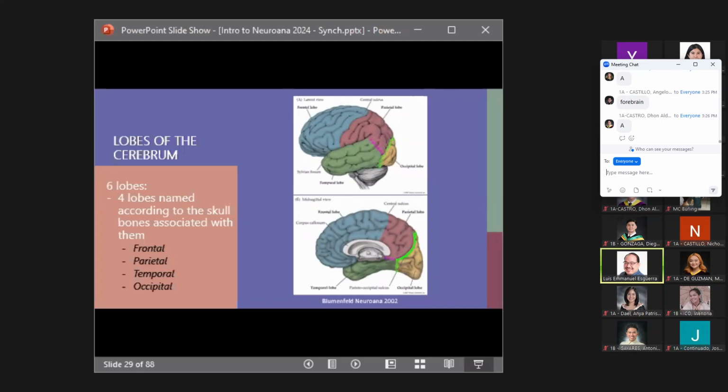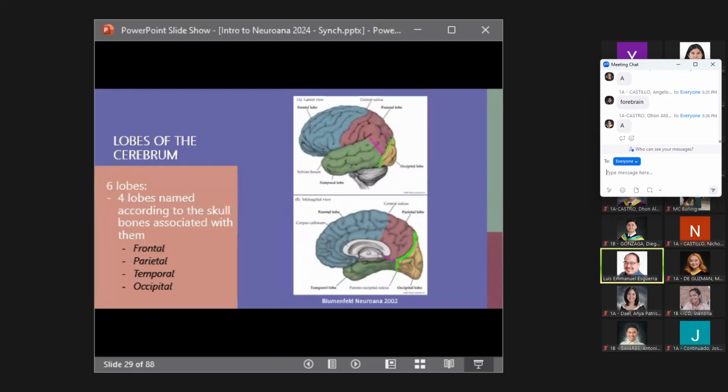So that separates the parietal lobe from the temporal lobe. So those are the borders of these four lobes of the cerebrum that you see on the surface.